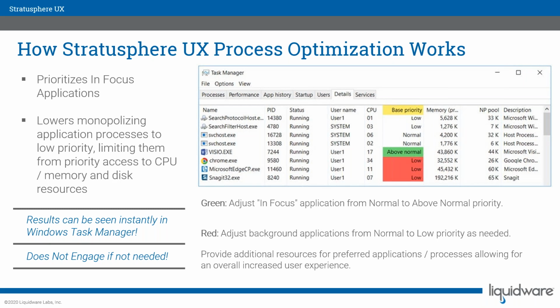Now, some people ask, hey, what about virus protection or critical things? I'm doing an SCCM scan on my machine, things like that are mission critical. Optimizer has what we call a do no harm mentality. So if we ask a process to lower itself, say like Symantec antivirus, we may ask Symantec antivirus to lower itself because it's eating up a lot of CPU.